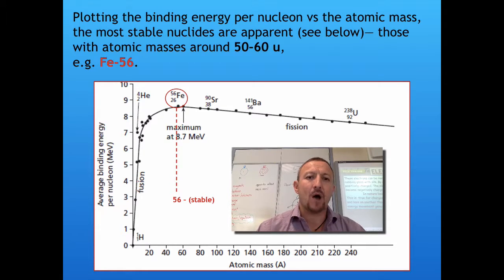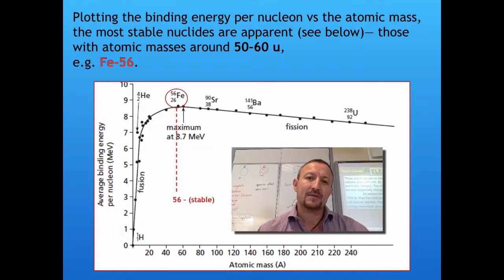But you can see from iron onwards, going down through strontium, barium, and finally getting into uranium, the binding energy begins to decrease, and this is why uranium begins to split up. Its binding energy is quite small compared to the size of the nucleus, and this is where this instability comes from.